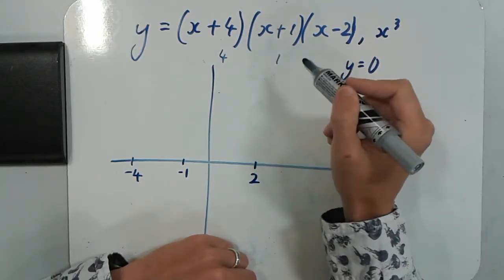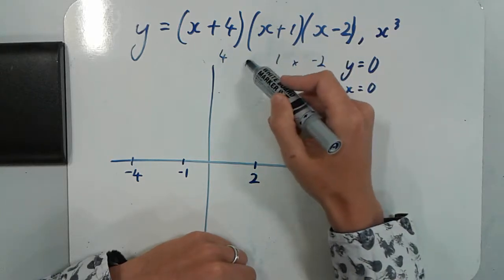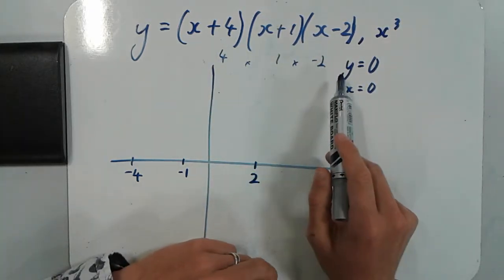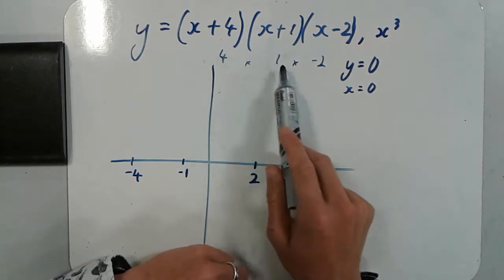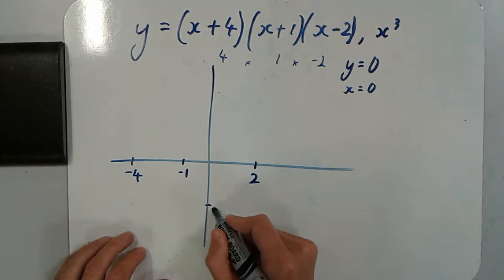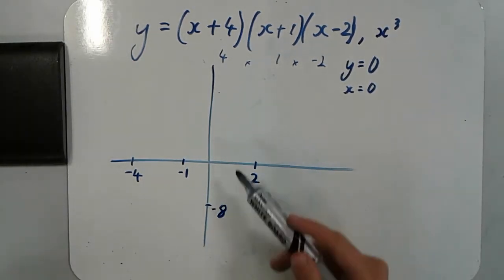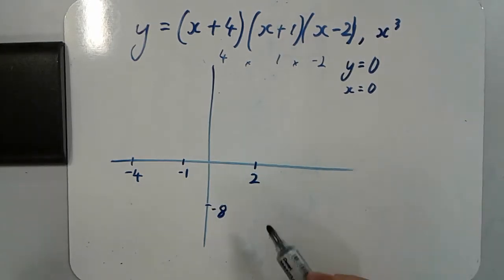This next factor is worth 1. And this next factor is worth minus 2. They're all multiplied together, so when x is 0 we would get 4 times minus 2, which is minus 8. And you see I'm not worried too much about my scale, just as long as it's on the right side of the axes, and that's fine.